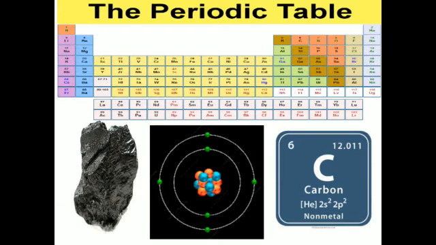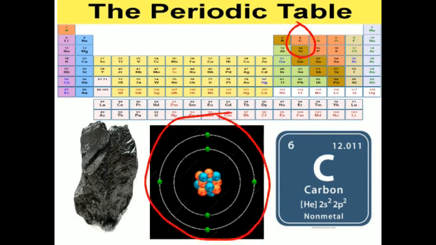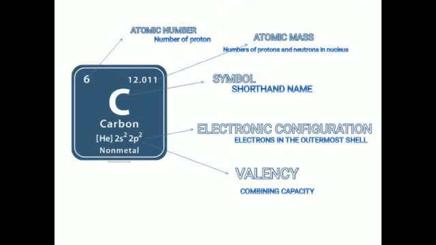Now, more about the places of these elements in the periodic table. This is carbon, and carbon is placed here, and the carbon atom has this structure, having 6 protons and 6 electrons and 6 neutrons in its nucleus. So each element has its different place in the periodic table.